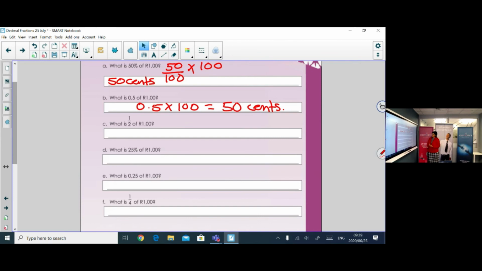Another question is, what is half of 1 rand? But instead of 1 rand, you are going to use cents again. So it's a half multiplied by 100 cents over 1 there. We get 100 over 2. 2 into 100 gets 50 cents. Now, what is interesting?